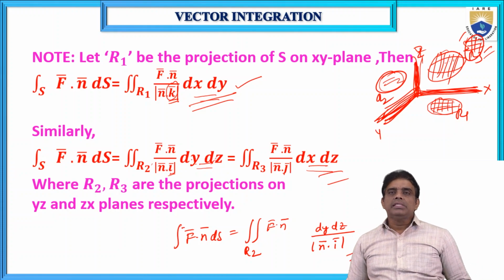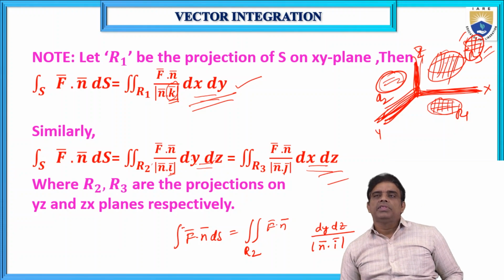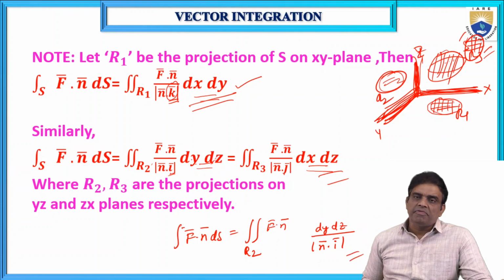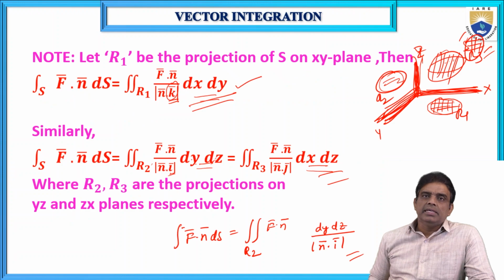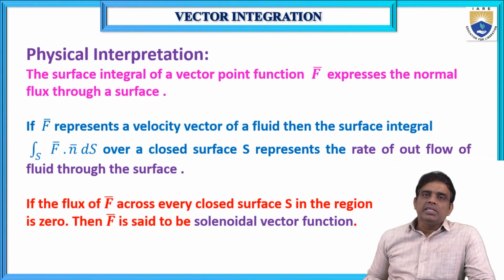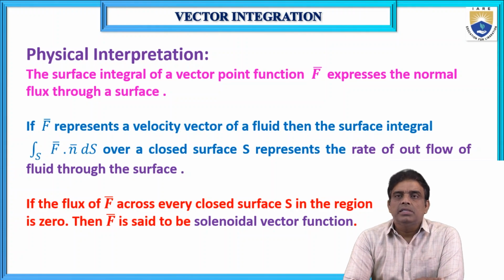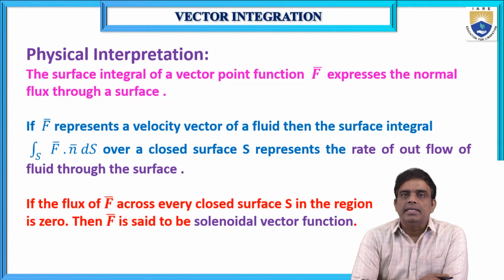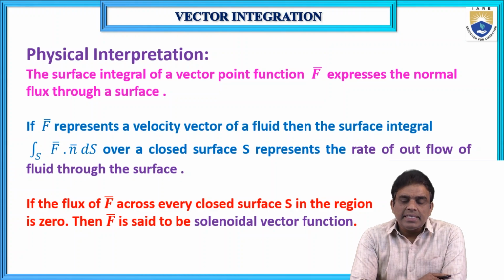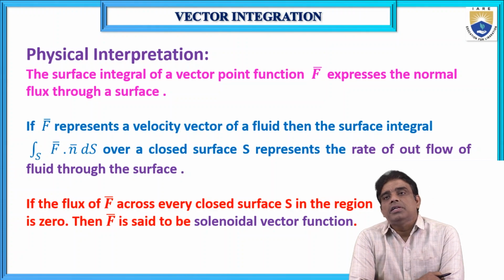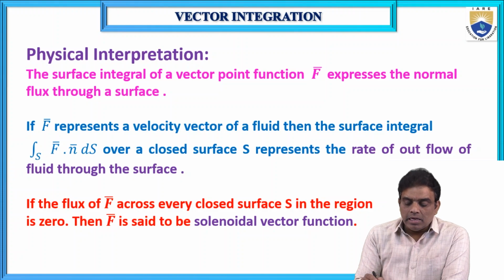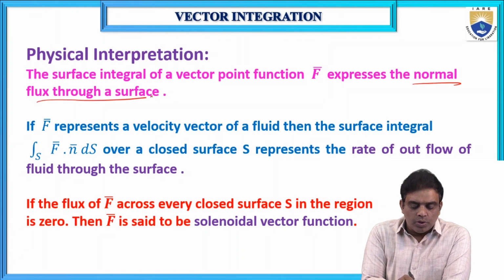So now, what is the physical interpretation of the surface integral? That I will see in the slides. What is the physical interpretation of the vector integration, especially the surface integrals? The surface integral of a vector point function f bar expresses the normal flux through a surface.